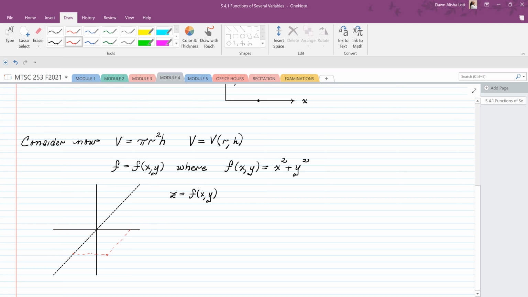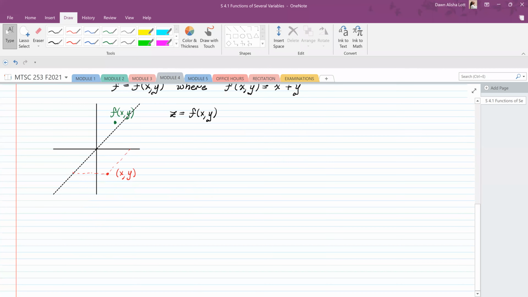And so here is the point xy. And then it has a z value, f of xy in 3 space. Now, functions of more variables become more difficult. You can't draw them because they're not in 3 space.